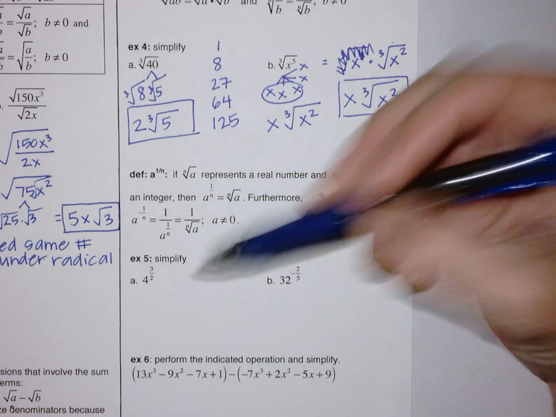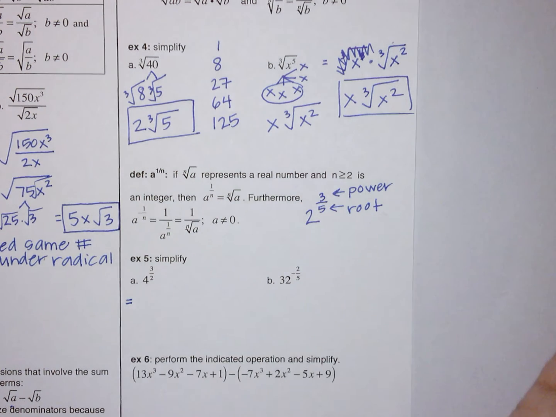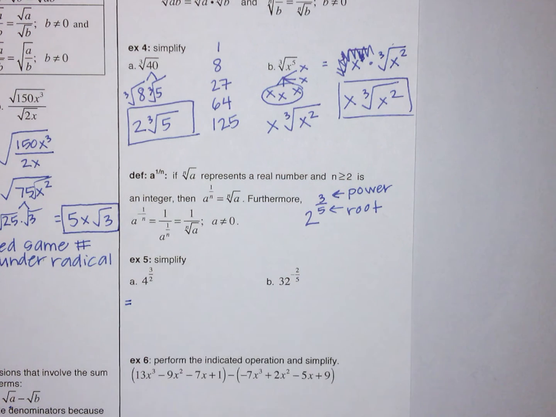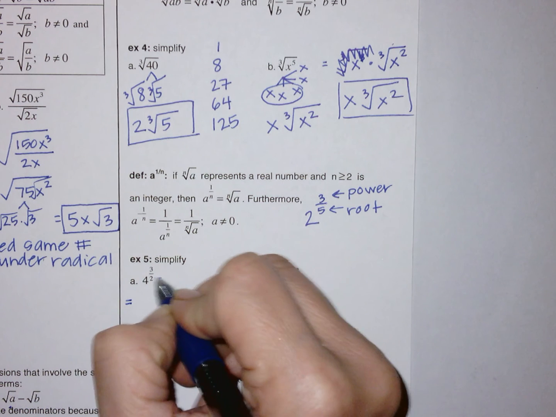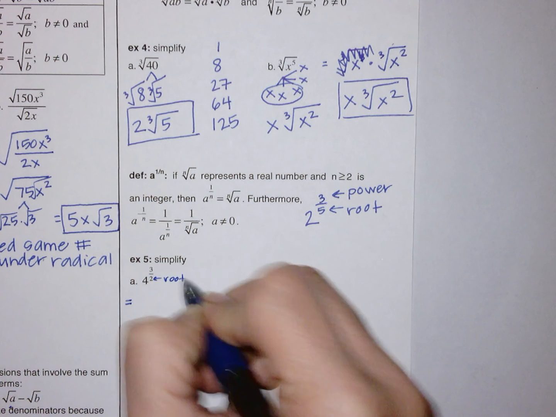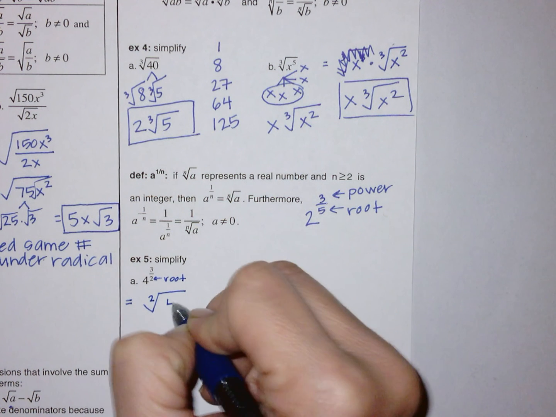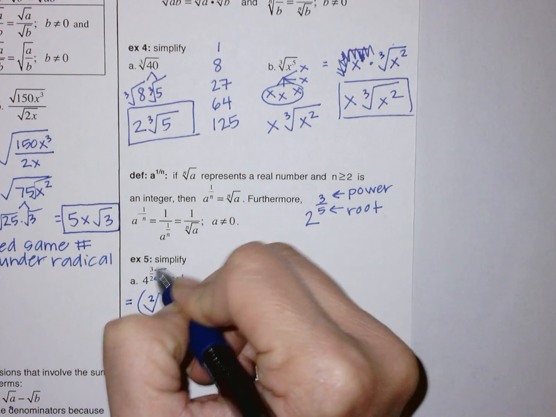So I'm going to show you 2 approaches for these problems. This would be a very procedural way of doing this. So I would say, okay, 4 to the 3/2, that's interesting. So what I'm going to do is I'm going to do this as my root. So another way to write this would be the square root of 4, and then everything is raised to the 3rd power.